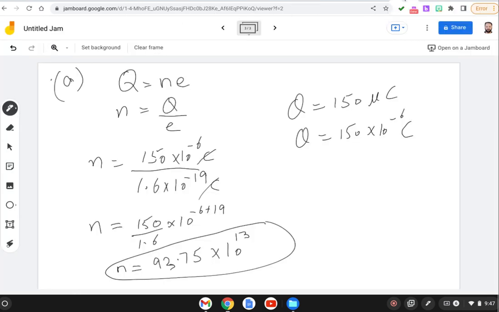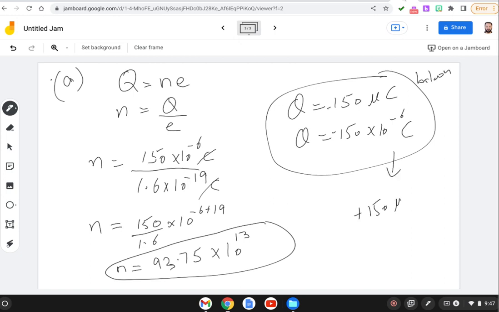For example, in the balloon it is minus 150, so plus 150 will be in the Albert. As I told you before, the number of charges transferred will be equal according to conservation of charge. So if it is minus 150 charge on the balloon, plus 150 will be on Albert.